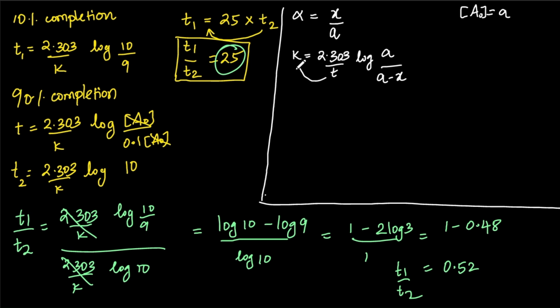Just take this T to the left hand side. Kt is equal to, when you divide by 2.303, ln of A by A minus X.